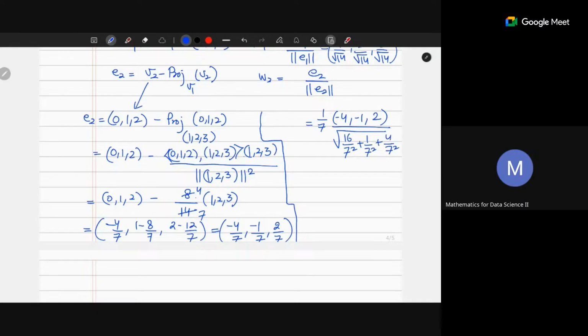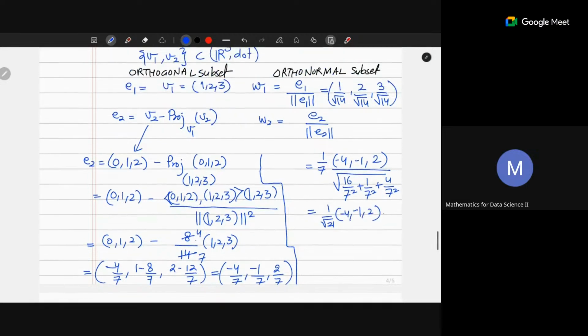You can take 1 by 7 out here as well. So 1 by 7 gets cancelled, and you will get the square root of 16 plus 1 plus 4, which is 21. So it is 1 by square root of 21. All right.